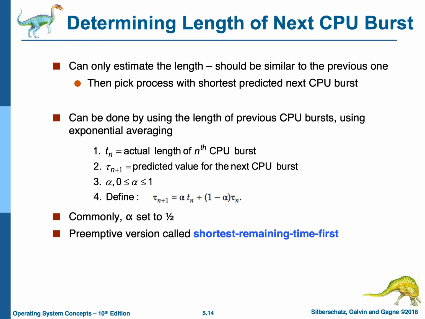Now, how will we determine the length of the next job? This is a challenge, to determine the length of an upcoming job in advance, and to predict, or actually guess, how long the next job will be.